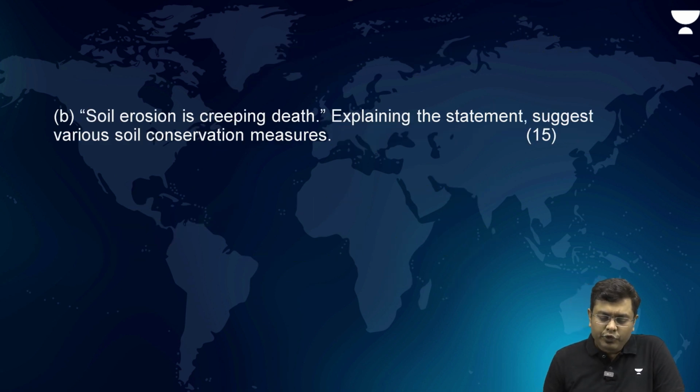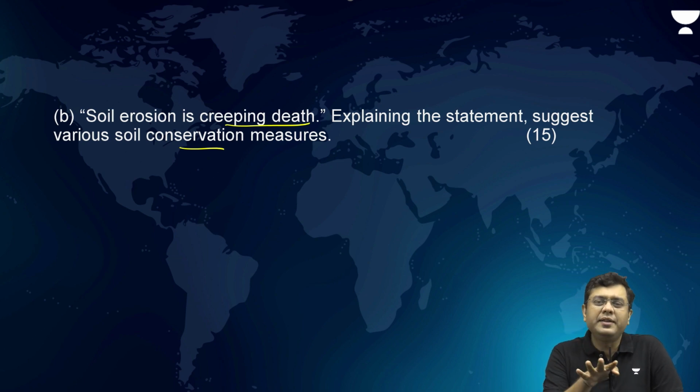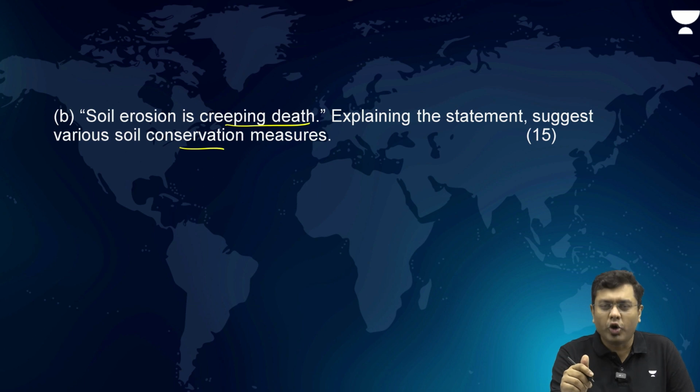Then, soil erosion is creeping death. Explain the statement and suggest various soil conservation measures. Again a very straightforward and simple GS-based question. This is where geography as an optional should not create panic, but should rather be seen as an opportunity, because many of the questions that you see, you will get an idea that this is not something that you have read only in the optional.